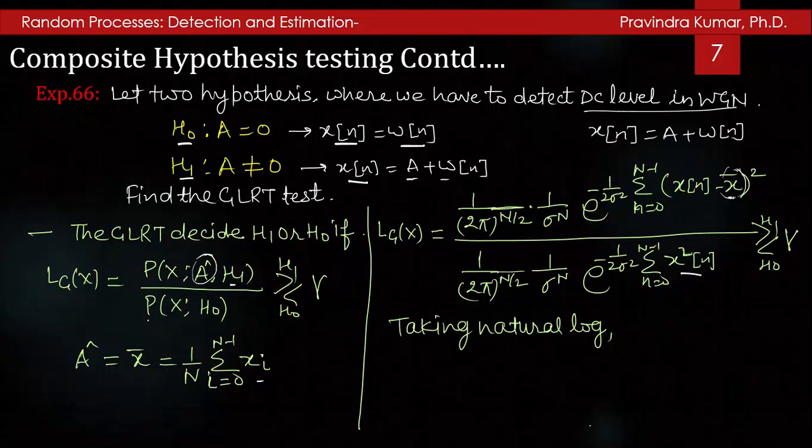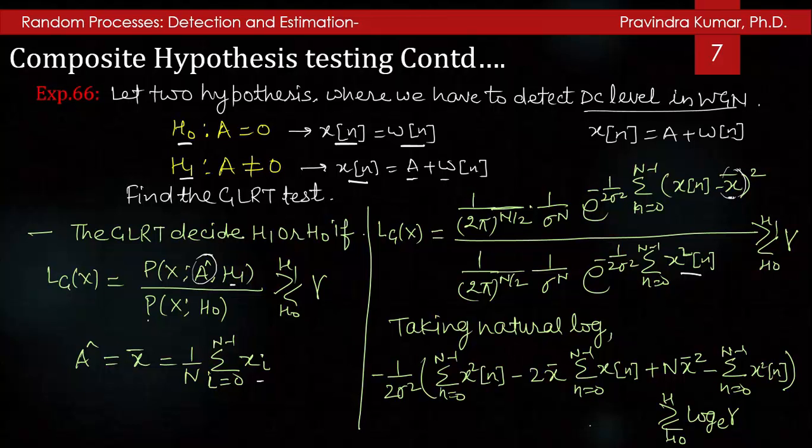So now taking the natural log of this, you will get minus 1 by 2 sigma square [summation n = 0 to n minus 1 x square n minus 2 x bar summation n = 0 to n minus 1 xn plus n x bar square minus summation n = 0 to n minus 1 x square n], greater than or less than log e gamma.